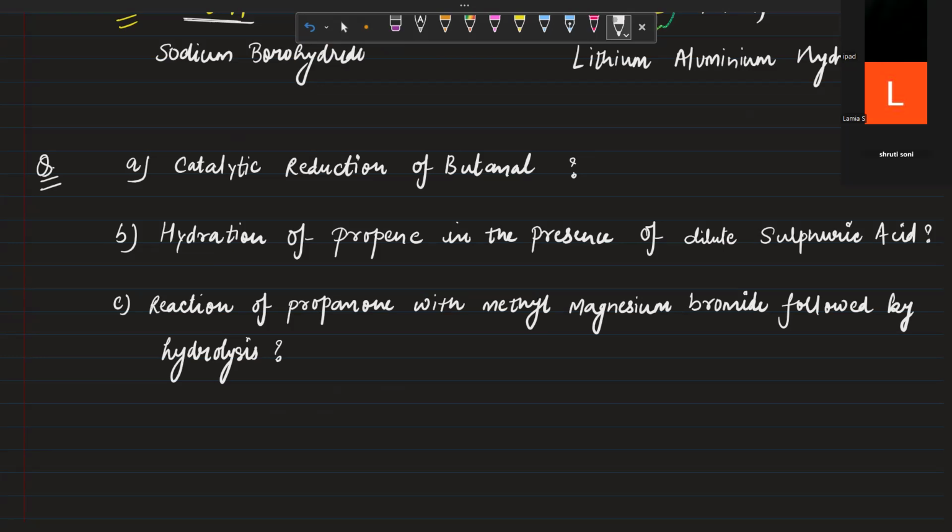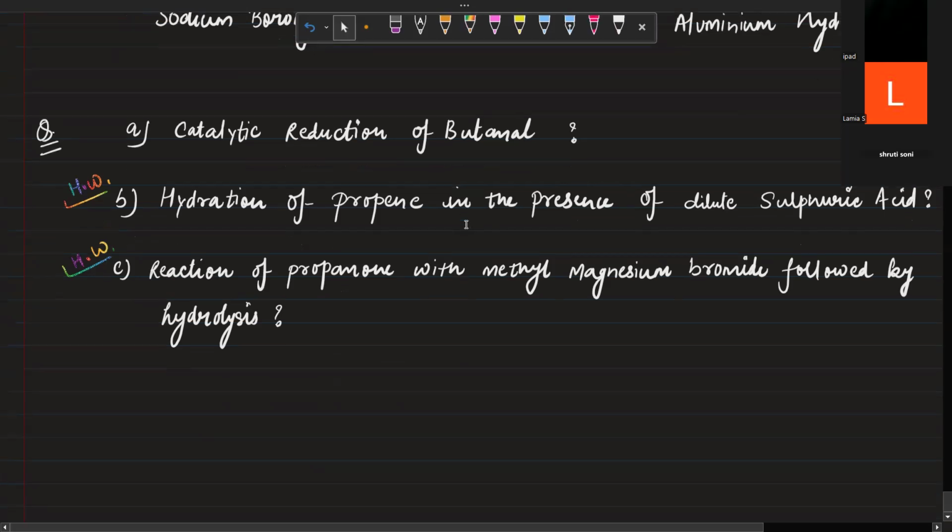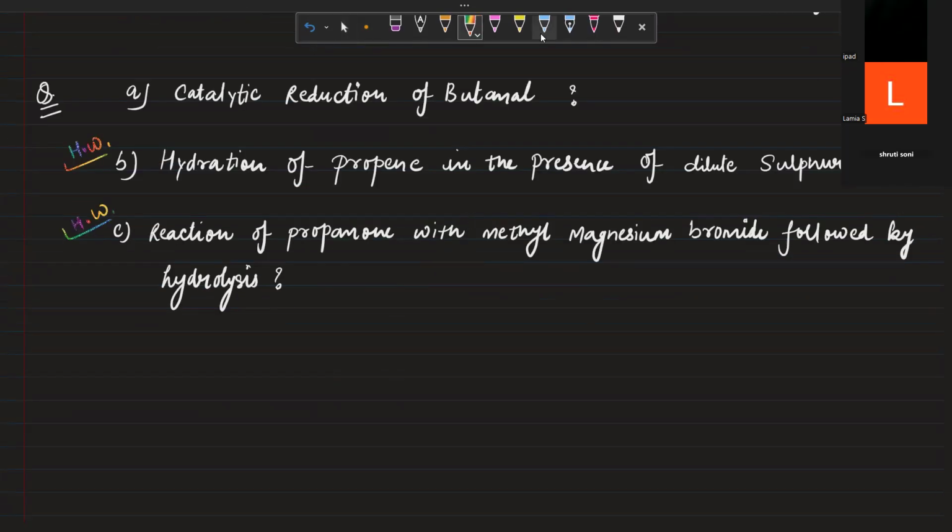You want me to solve them? The first one you can do for now, and the second and third are your homework, B and C. There are three questions in total in your homework: B, C, and how we can prepare primary alcohol from Grignard reagent. For now, you can start with catalytic reduction of butanol.